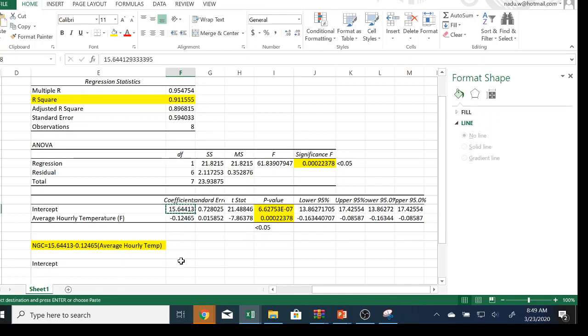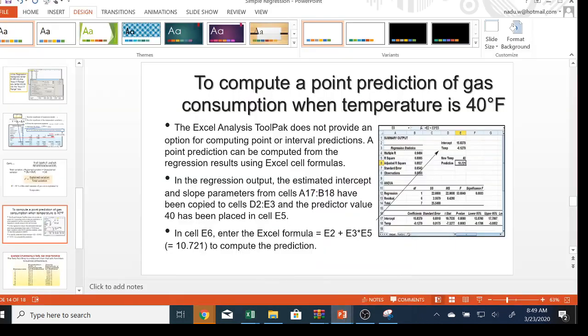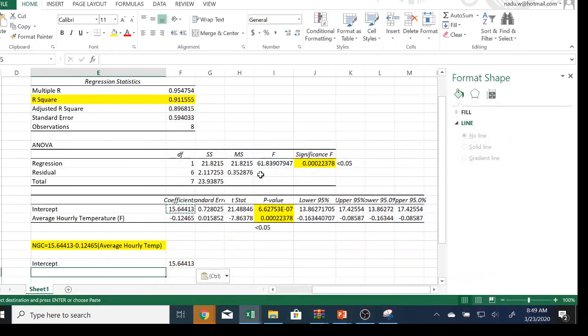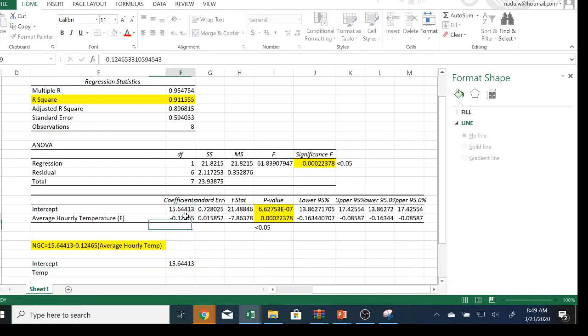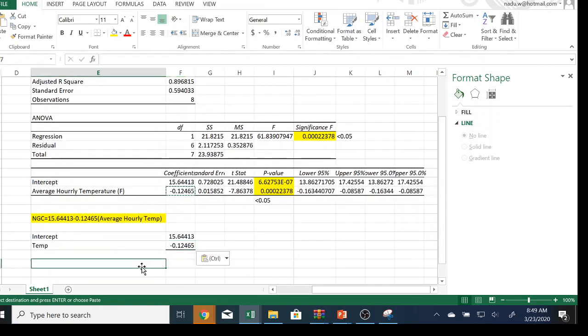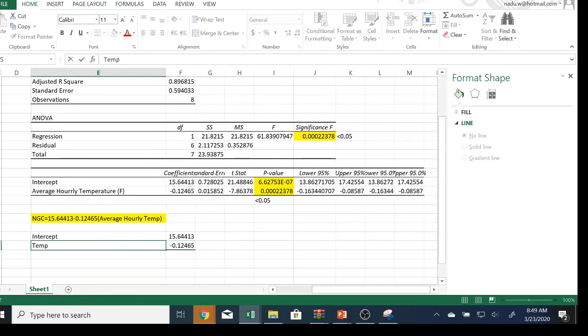It's Control C. And next you can put the coefficient of the temperature. It was this one. So what I want to predict now is, when the temperature is 40, what would be the gas consumption.